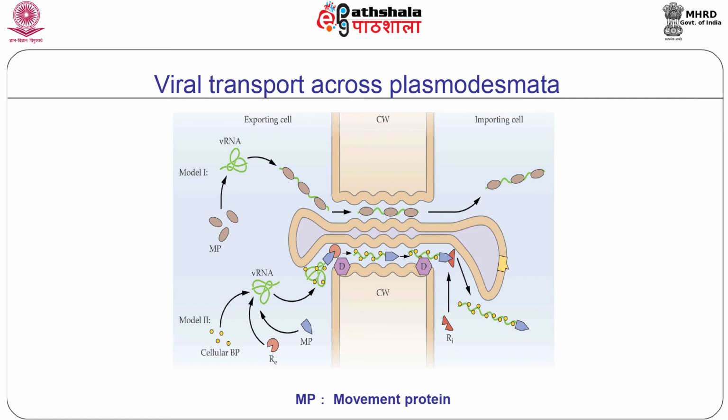Fourth, MPs localize to plasmodesmata. Fifth, MPs gate plasmodesmata. Viral movement proteins interact with the following host proteins to accomplish their functions: first cytoskeleton, second protein kinase, third chaperones, fourth docking proteins.